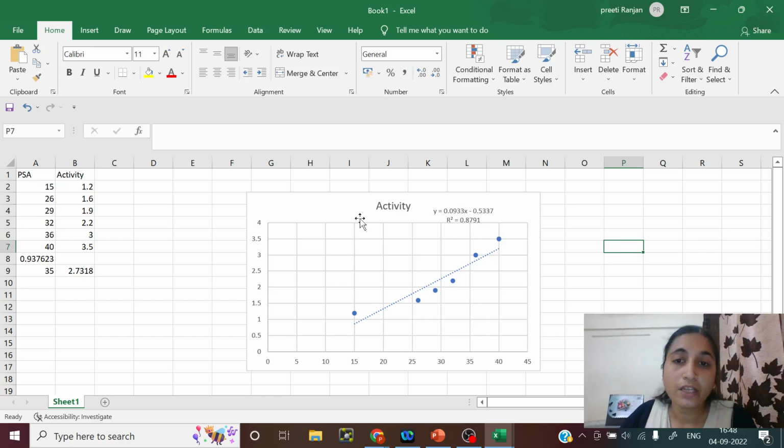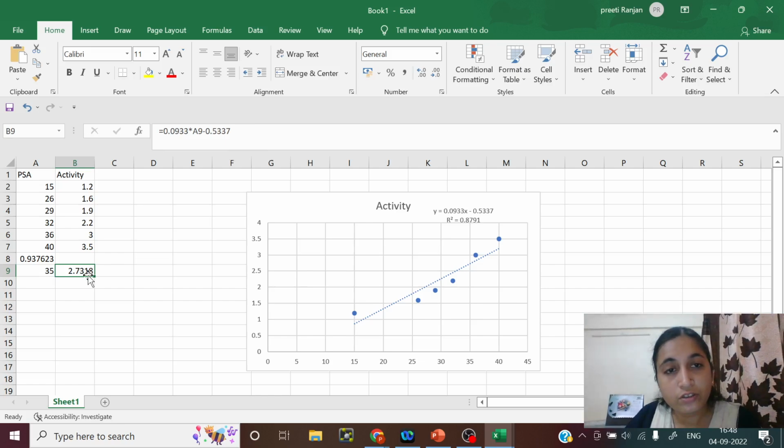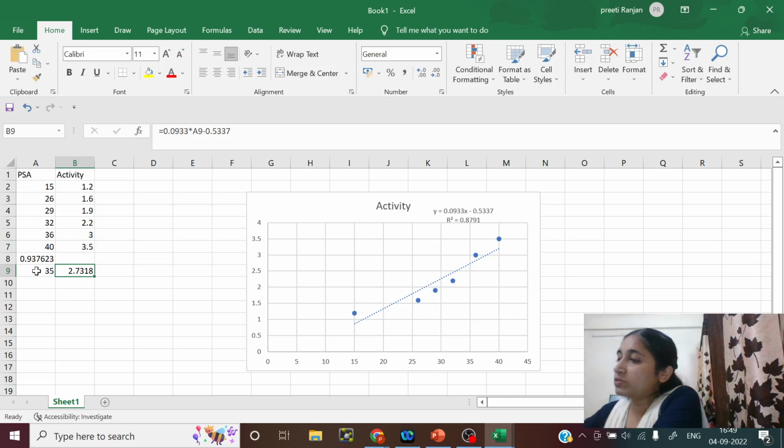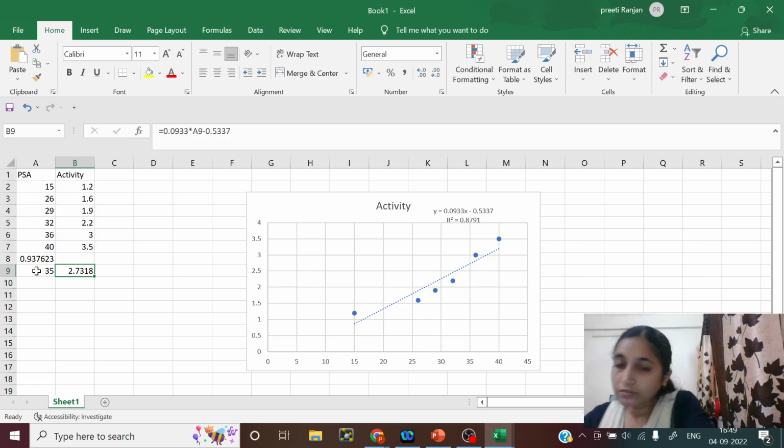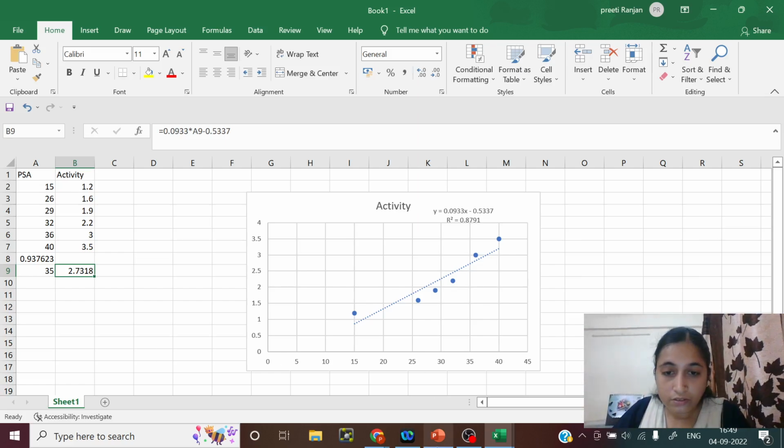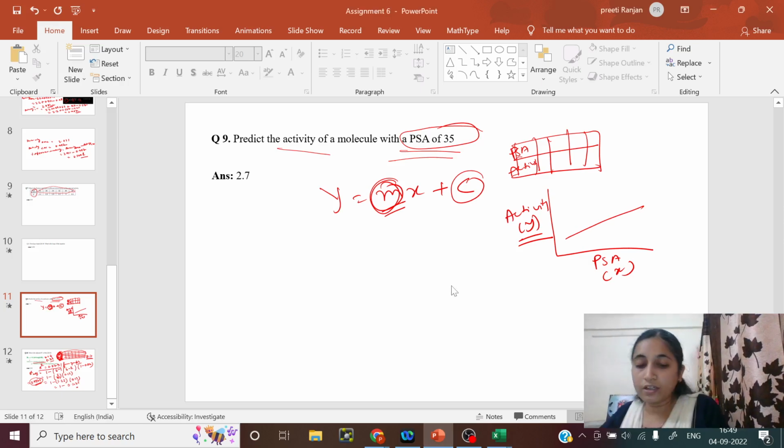If you put the value like this, then it will come like this. You understand now? This x value is 35.